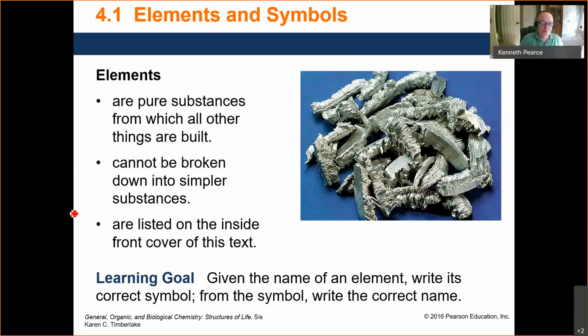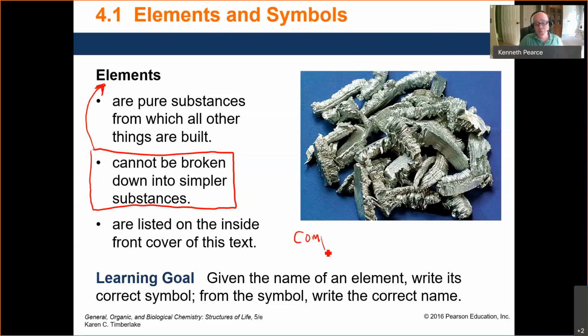Now, here's really the big important thing right here. You see that? Cannot be broken down into simpler substances. That is the key important definition of what an element is. It cannot be broken down into simpler substances. A compound can.